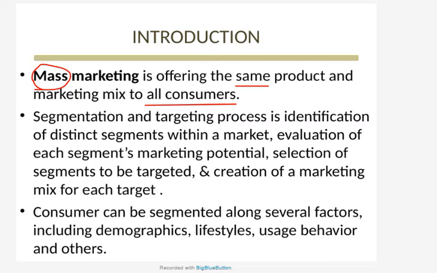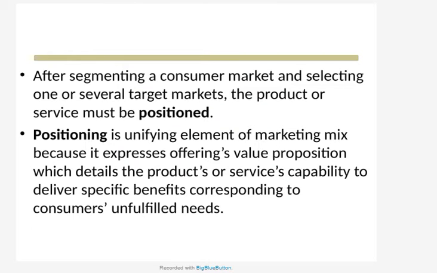That's why we need segmentation and targeting. So we have several strategies. We have mass marketing and we have other targeting strategies. Okay, fine. Let's move now. So after segmentation, after dividing, we make targeting, and after targeting, we have this positioning.